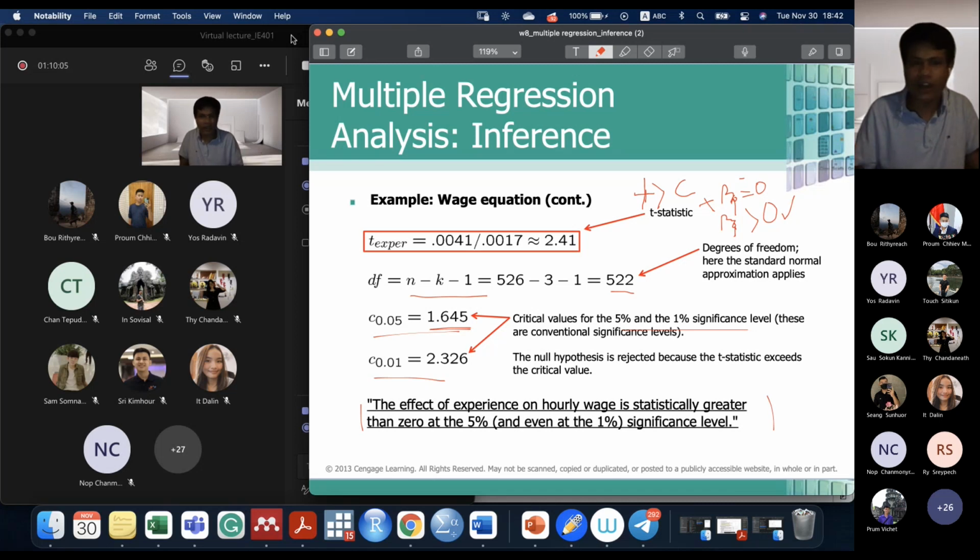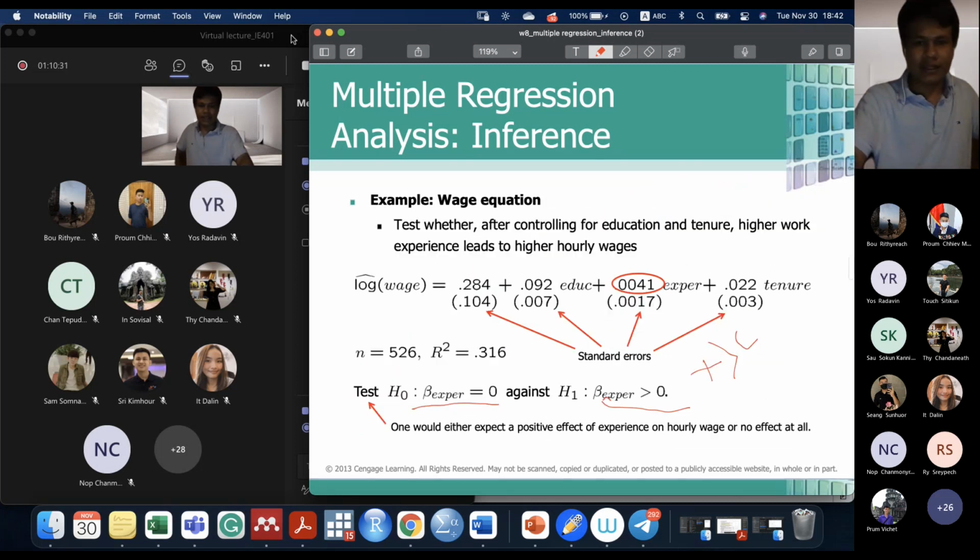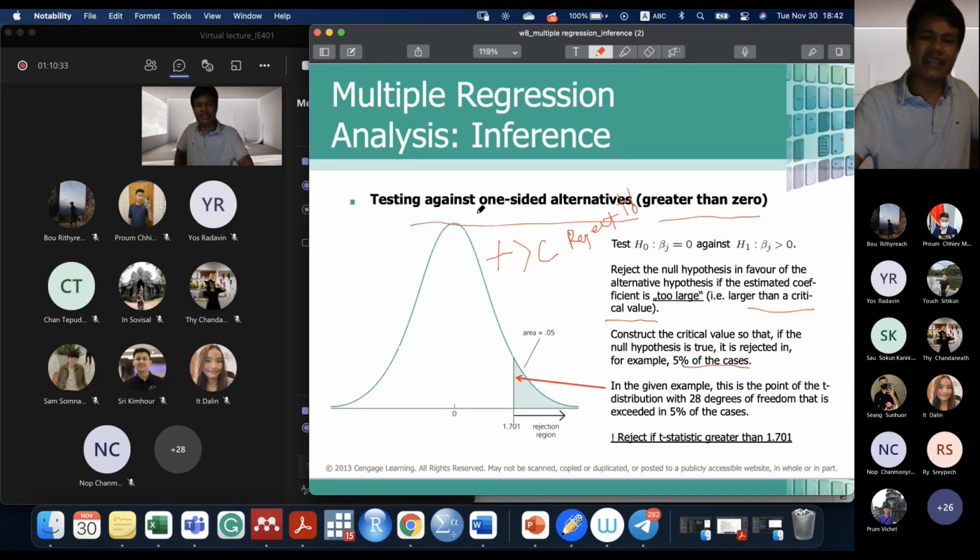Or if you have no idea whether it is positive or negative, you only say different from 0. Another case we will discuss after the break. So this is only true if your alternative hypothesis states that the effect, delta j, is bigger than 0. This is only the first case, and it's why we say this is testing against one side, alternative greater than 0.